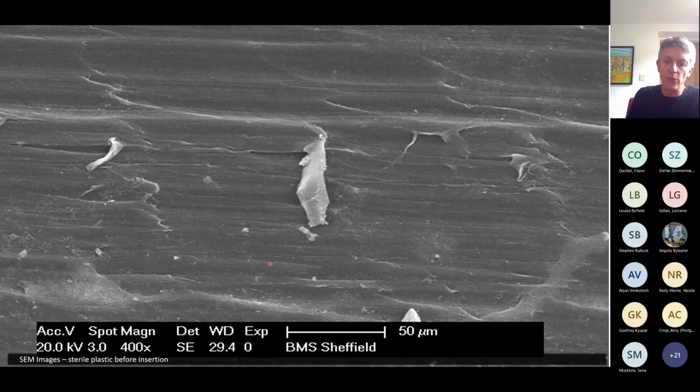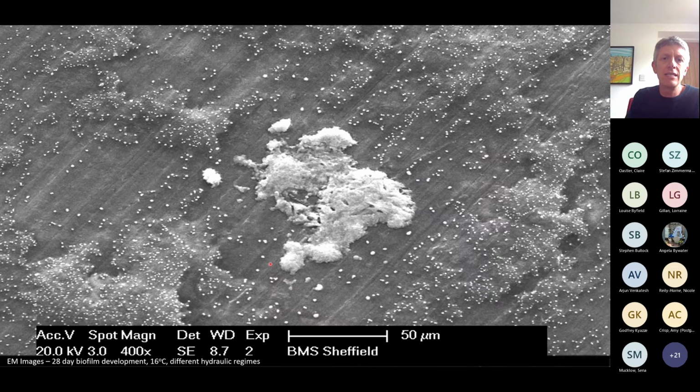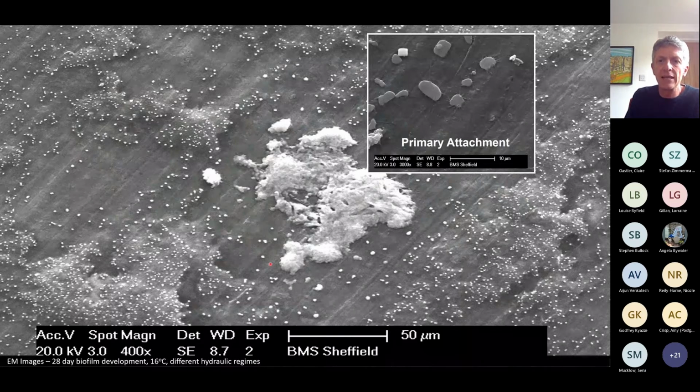After, say, 28 days exposure to our flowing conditions, this is more like the sorts of images we get. So you can see even after 28 days, we've got some nice biofilm developing within our drinking water environment. If you zoom in again, you can see some primary cell attachment, the cells and the beginning of some EPS, sort of frondy bits, and how they're sticking and attaching to that super smooth plastic surface.